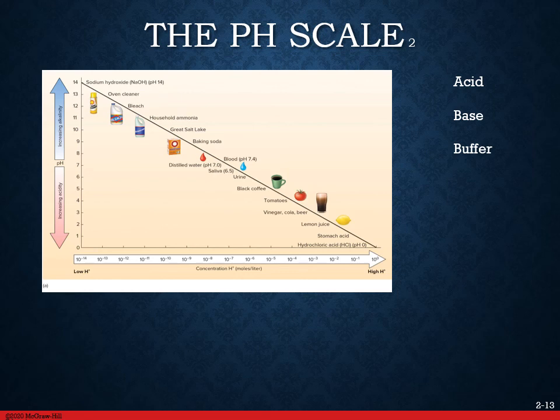To say something is acidic is where it is below 7 on the pH scale, and the lower the number, the more acidic it is. For base, it means it's above that neutral number of 7, and the higher the number, the more basic it is. And then a buffer is utilized in the body, which we'll talk about as we go further on.